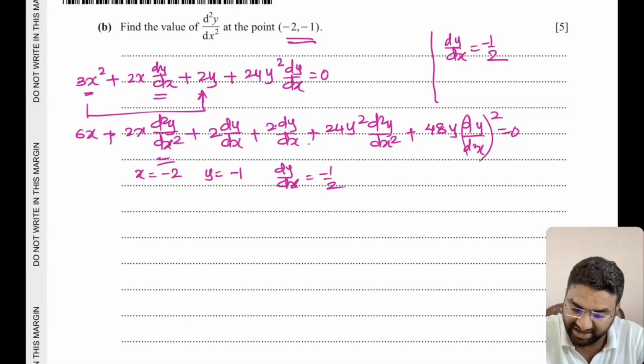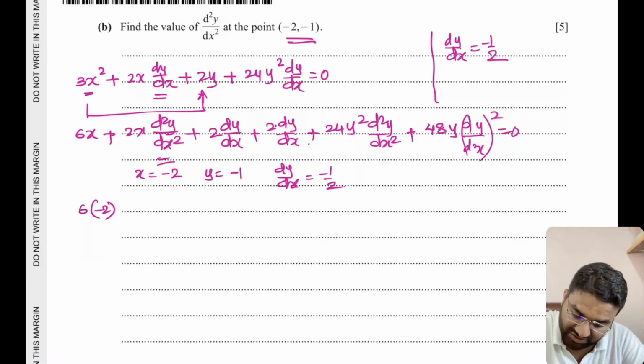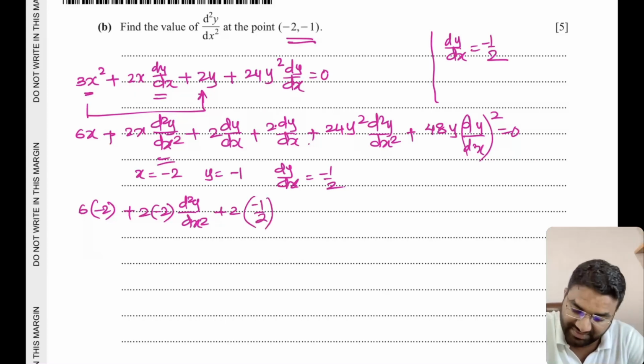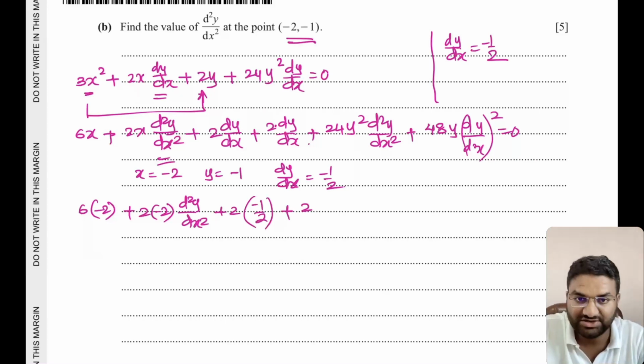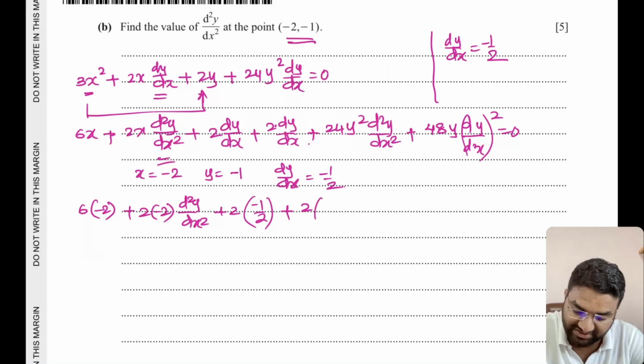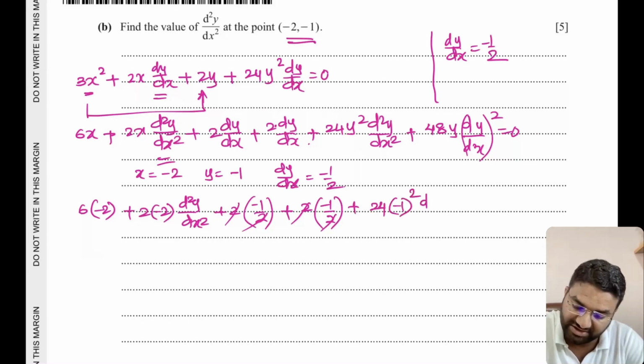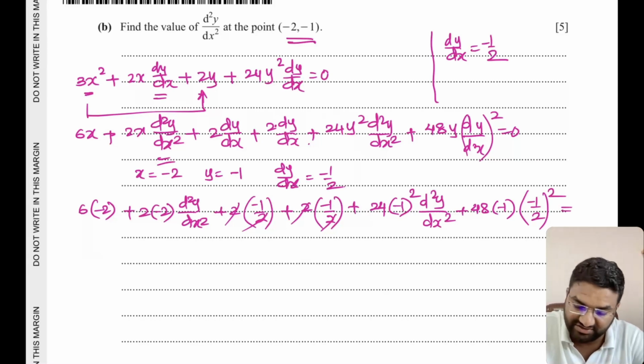So 6 times minus 2, plus 2 times minus 2 d2y by dx squared, plus 2 times minus 1 upon 2, plus 2 times minus 1 upon 2 again; this part gets cancelled out. Plus 24 times minus 1 squared d2y by dx squared, plus 48 times minus 1 times minus 1 upon 2 squared is equal to 0.